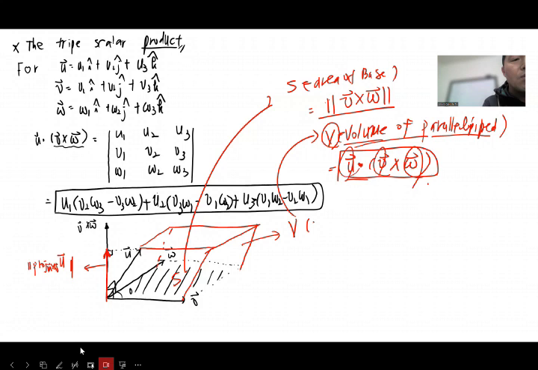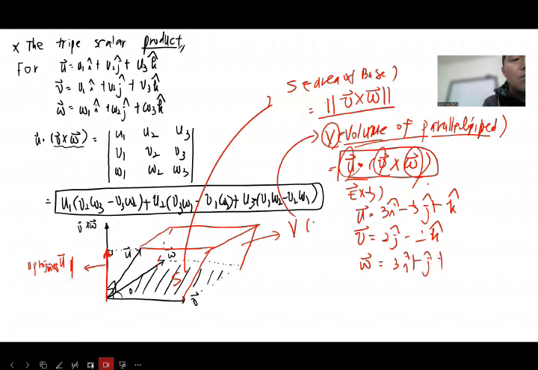So we can estimate the volume of this u, v and w with an example. Let's take a look at the example first. So that is example 5, and the u vector is 3i, minus 5j, and k, and the v vector is 2j and 2k, and the w vector is what? 3i, j, and k.